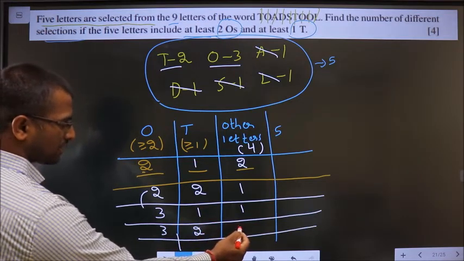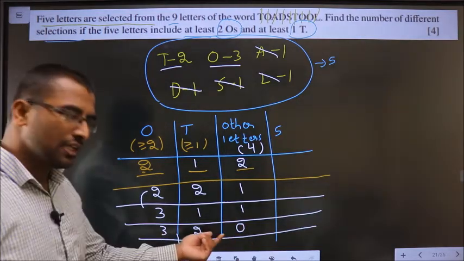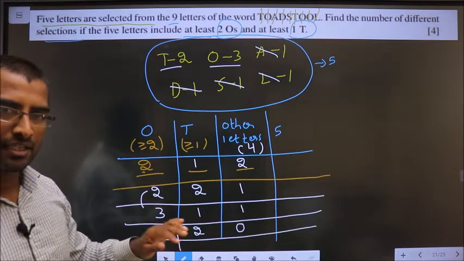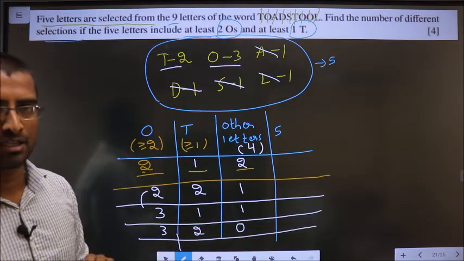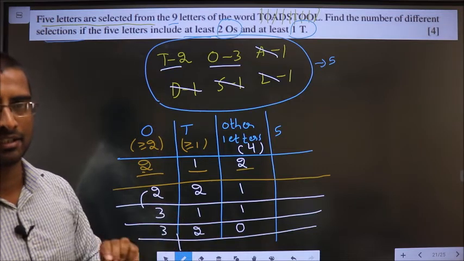Then this count has to be 0. Is the total 5? Yes. These 2 numbers satisfying this condition? Yes. So even this set of numbers is also accepted. Many miss this, but it is also satisfying the condition.